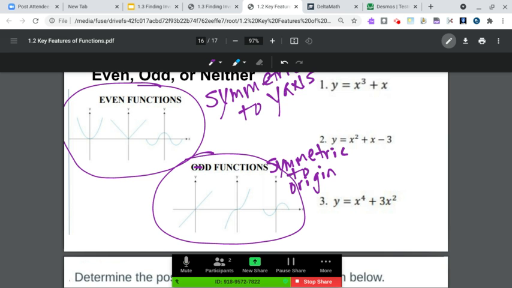Now, there's one other way to determine even, odd, or neither. When you plug negative x into the equation, if it comes back to be exactly the way it was originally, it's going to be even. If it comes back to be exactly opposite, it's going to be odd. If it does neither of those two things, it's neither.